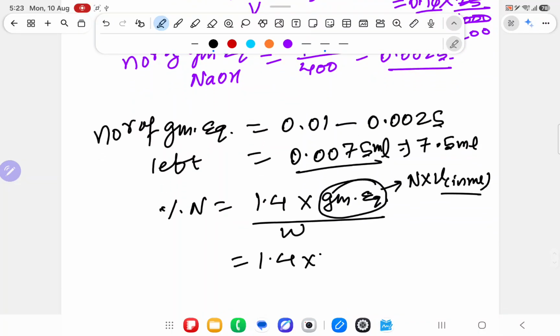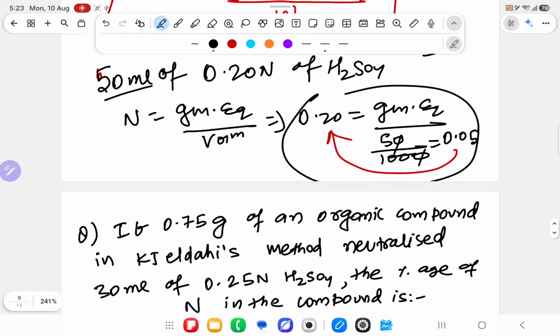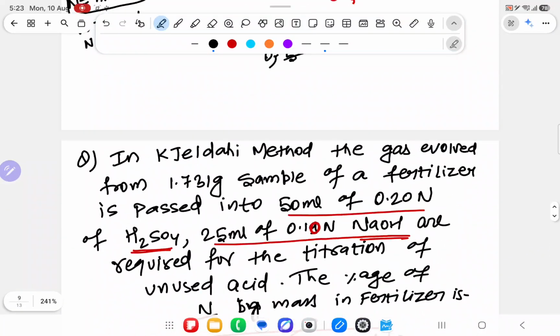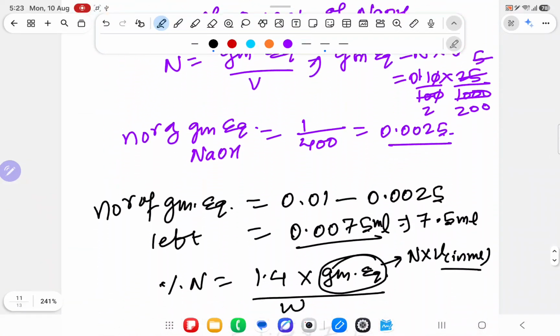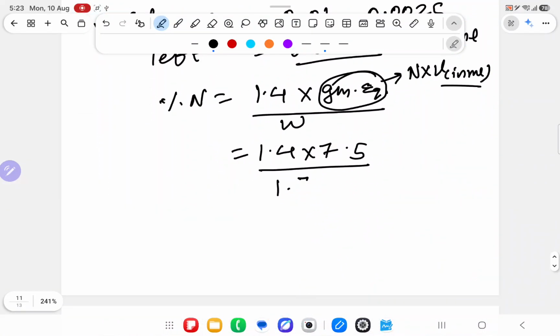So 1.4 into 7.5 divided by weight of organic compound 1.731, approximately 6.60% I will get, and this is the percentage of nitrogen.